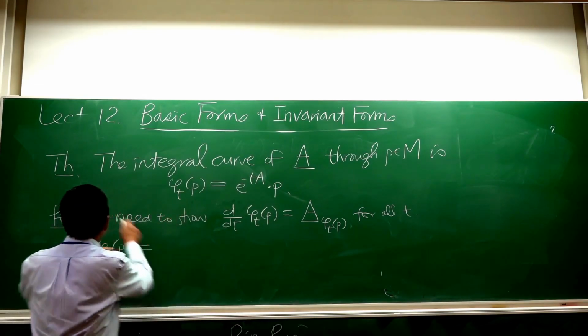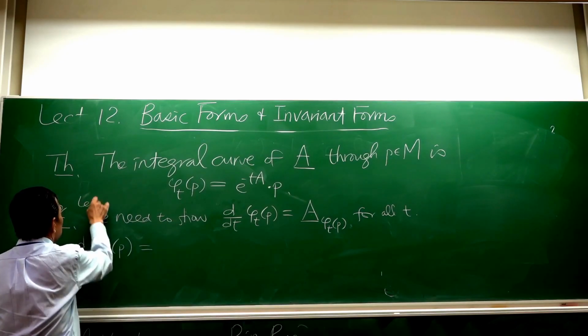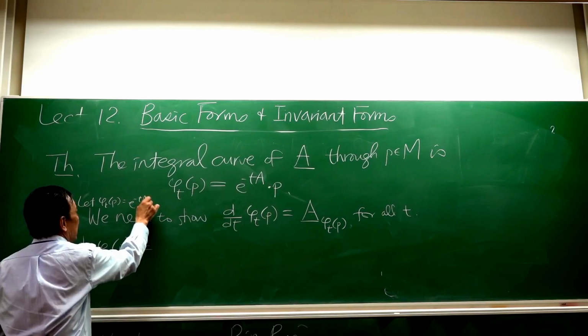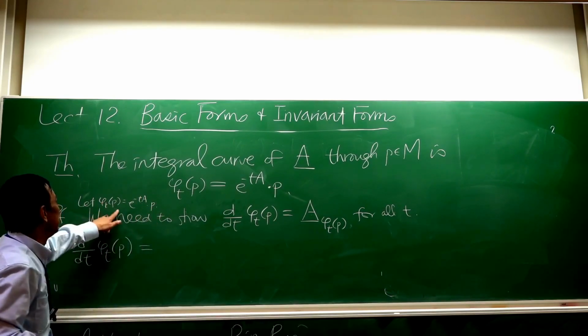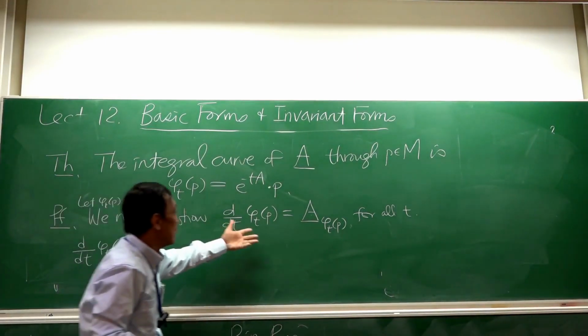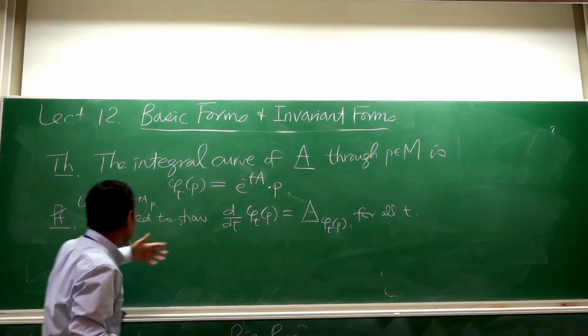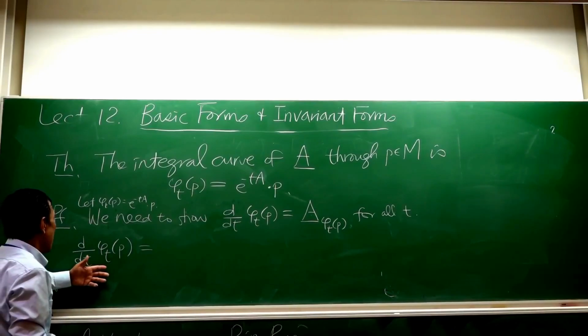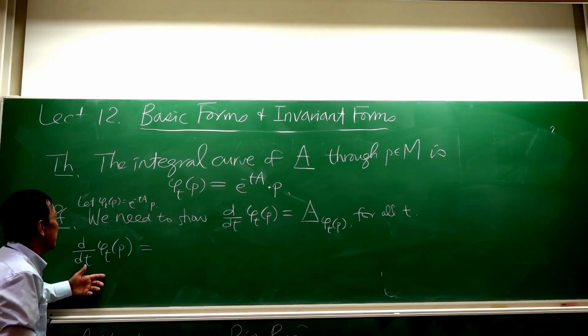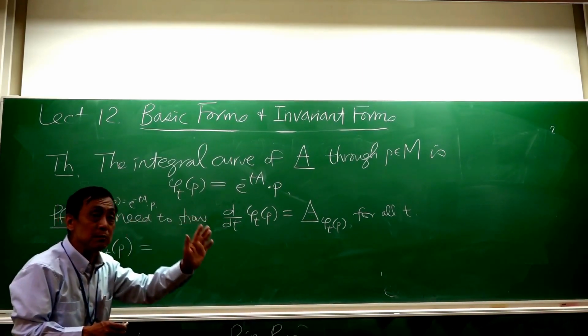I'm going to say let phi of t p be equal to e to the minus ta dot p. Okay? I define phi t by that formula, and I want to show that it's an integral curve. So I need to calculate its derivative. And now the derivative at time t is obtained by moving t a little bit, right?